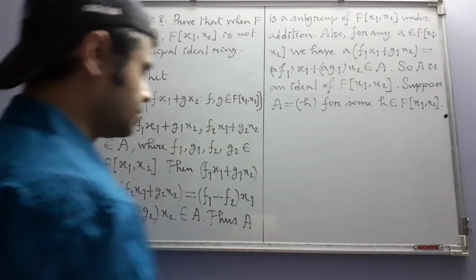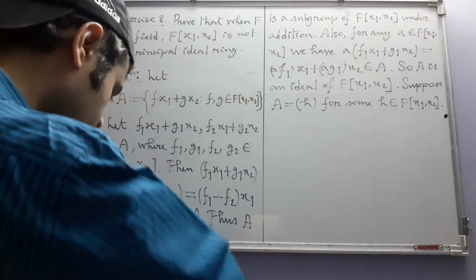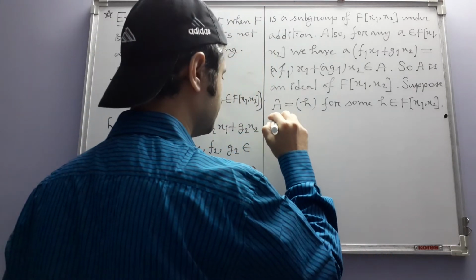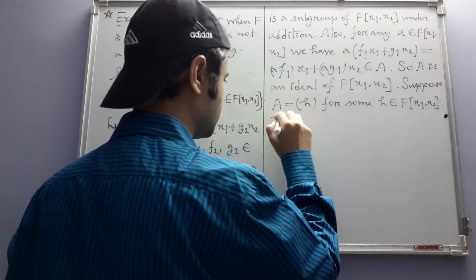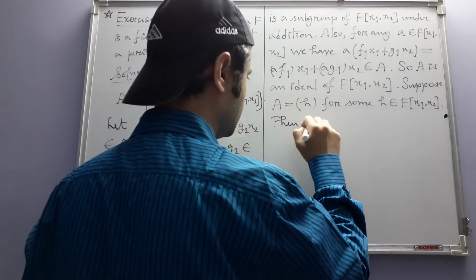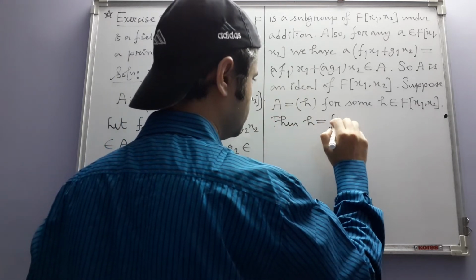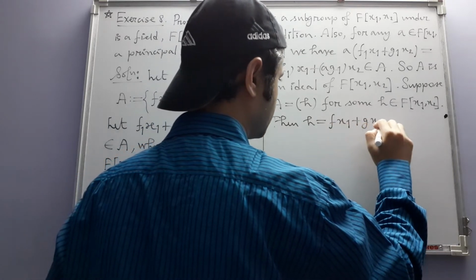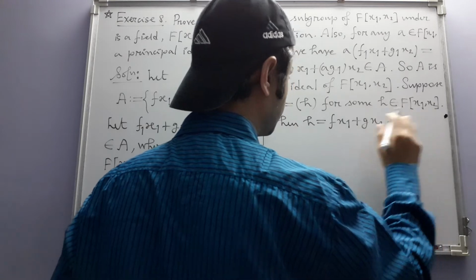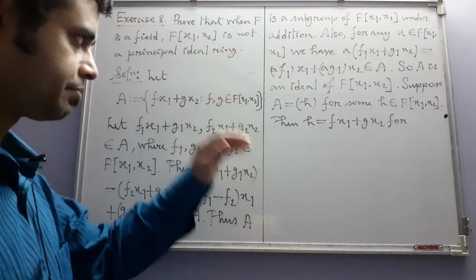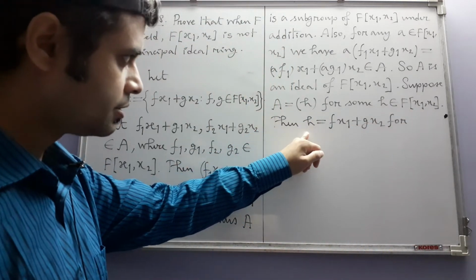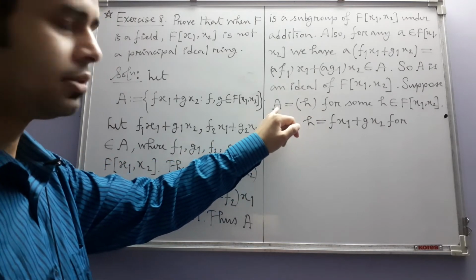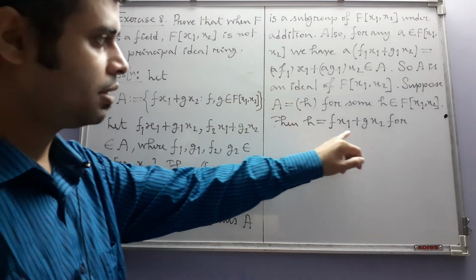Then h is equal to f x1 plus g x2, since h itself will belong to A, so our supposition implies h is in A. So h will be of this form.